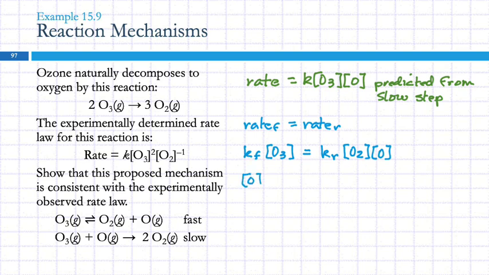We're going to find that the concentration of O is equal to the forward rate constant times O3 divided by the reverse rate constant times O2. Just rearranging this equation, I'm solving for O. So this business here is equal to that guy up there, so we're going to plug him in.